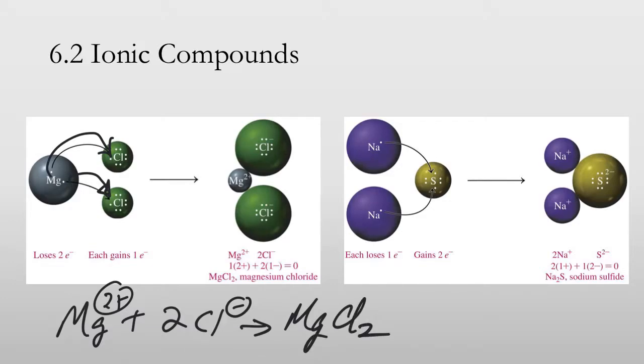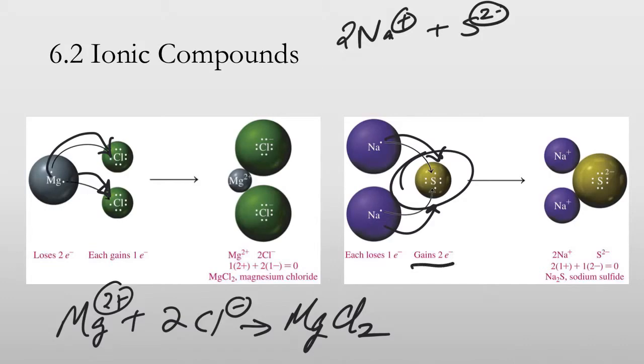Now with sodium and sulfide, you have the metal giving up 1 electron in each of these cases. Here, kind of the opposite of the magnesium chloride. And so you have 2 sodium ions forming plus a sulfide 2- ion because it has gained 2.